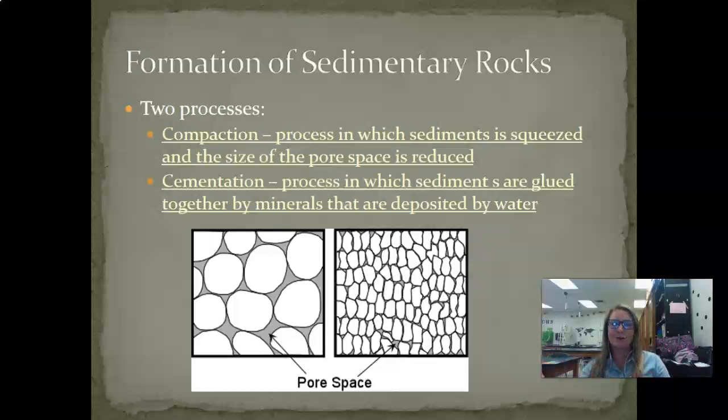So how do we know that? By looking at two processes by which sedimentary rocks are made, which are compaction and cementation. Compaction is a process in which sediments are squeezed and the size of the pore space is reduced. Let's go back to that beach environment. You're standing on the beach, and you can pick up sand and it's going to fall right through your hands.